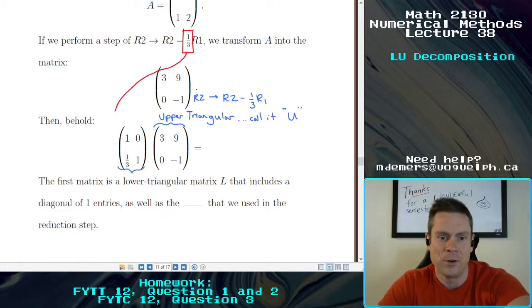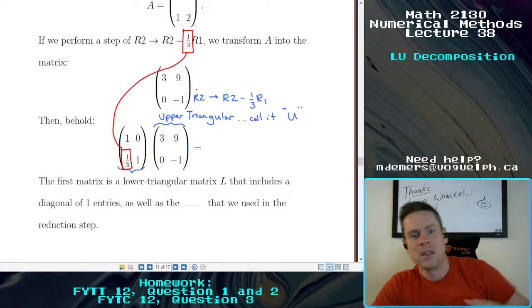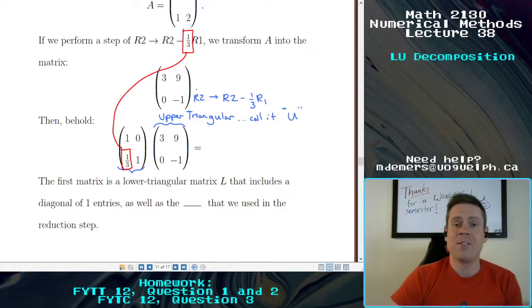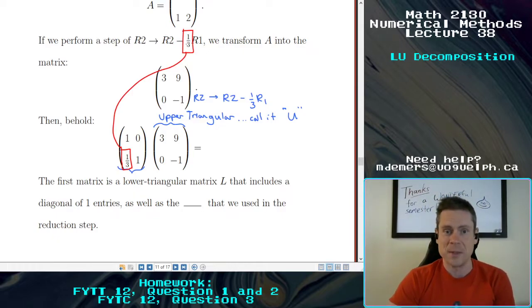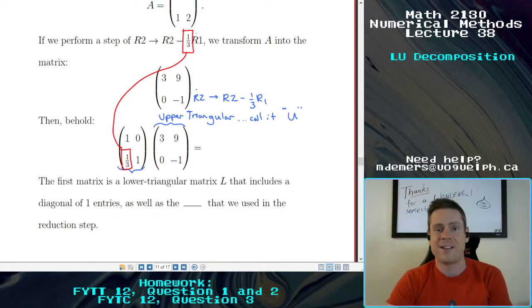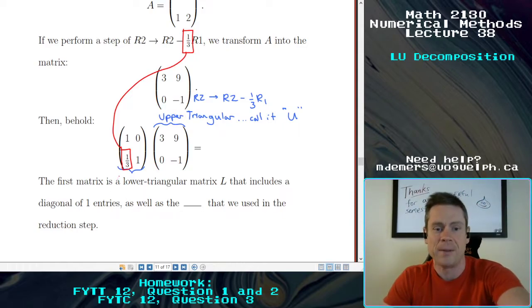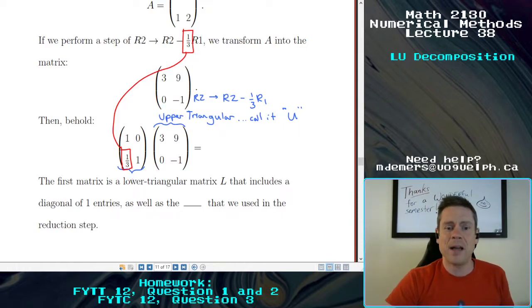And I'm going to draw it down here and put a little box around this 1/3 right there. Okay. It's important that we have the right row operation to make this happen. So it has to be row 2 minus a number times row 1 to put a 0 in this spot. And then we're going to take that number, that 1/3, and put it in the same spot that we used to eliminate that 0.